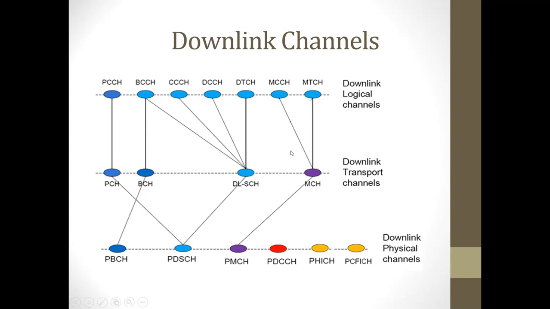But these channels don't have any mapping from upper layers, meaning that the physical layer itself maintains the operation of these channels. Okay, I mean MAC has no control over them. MAC doesn't need to. Physical layer independently controls the operations of these channels.